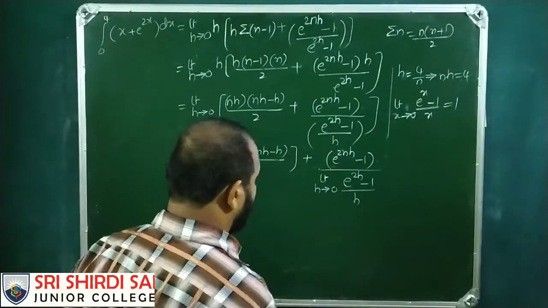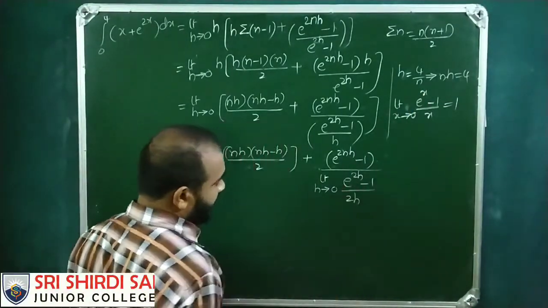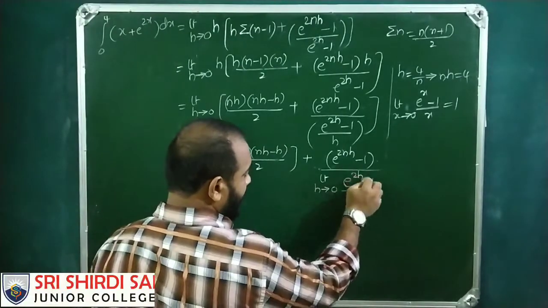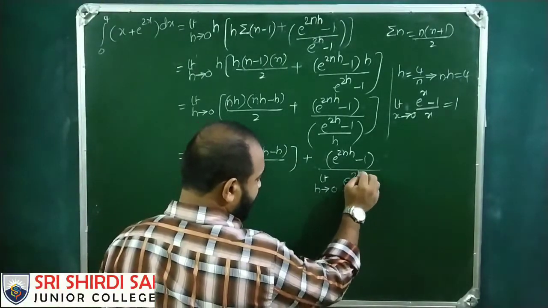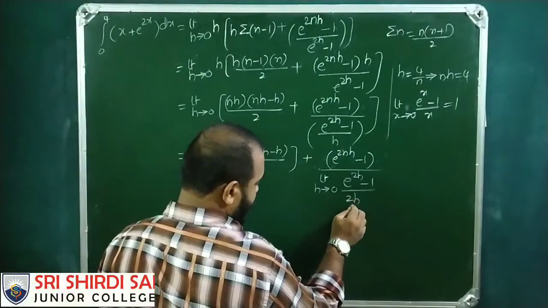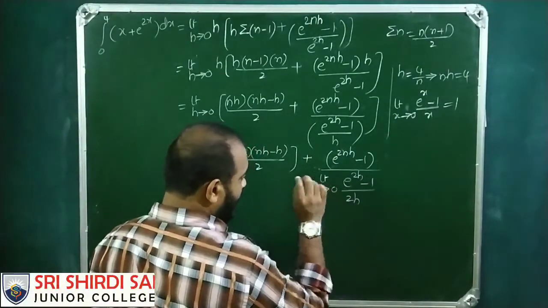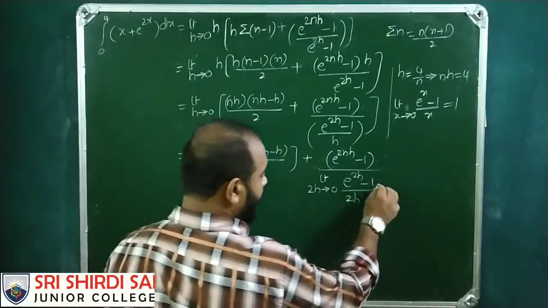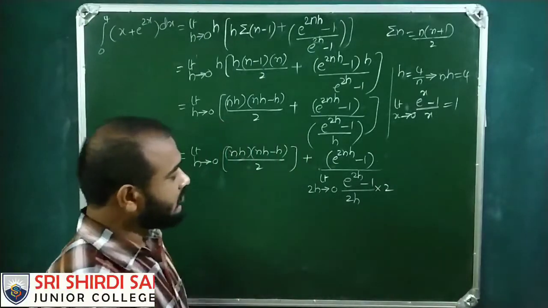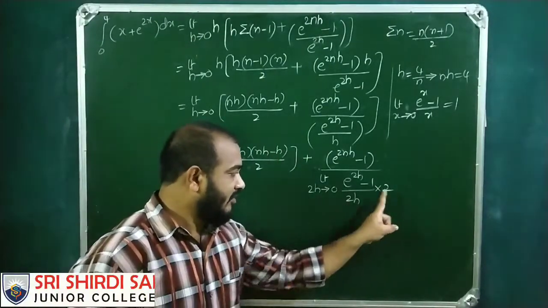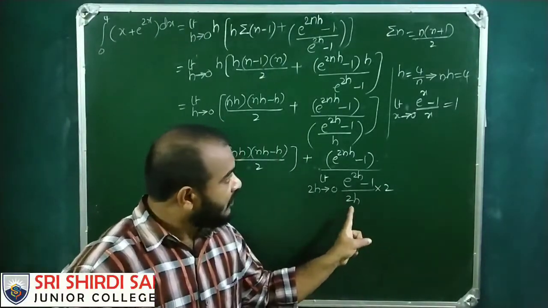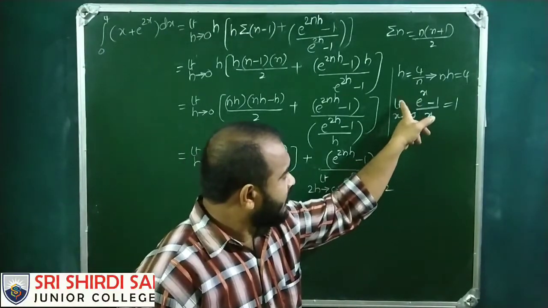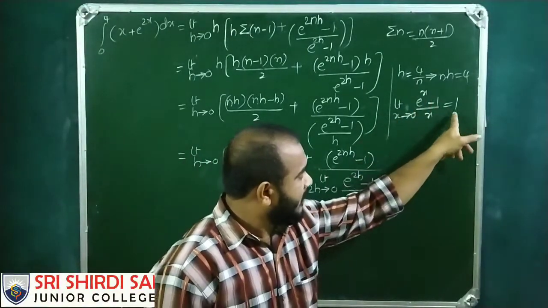So here, if 2h is x, then we have (e^x - 1)/x, and 2h tends to 0 also, so I will multiply and divide by 2, since the formula is the limit as x tends to 0 of (e^x - 1)/x equals 1.